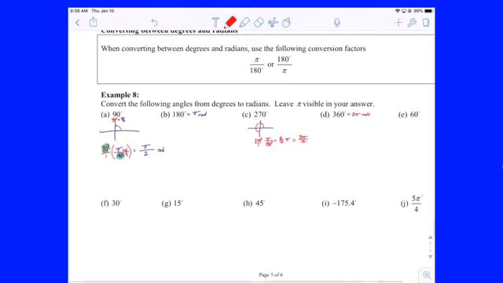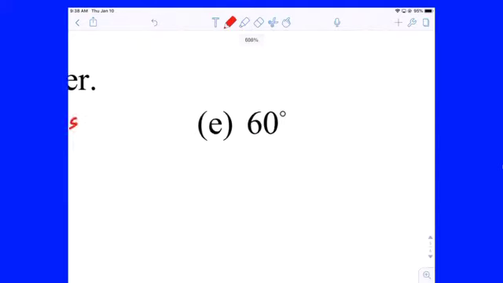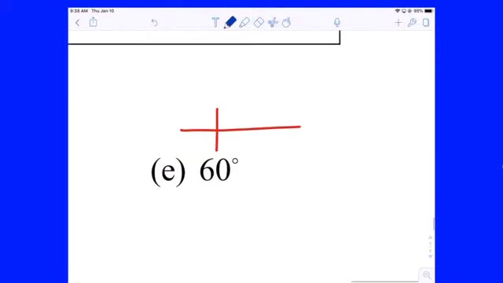All right, let's see if we can stop there, let's do one more. Let's do the top row, 60 degrees. Go ahead and do one more, 60 degrees, convert it. This is another one that we're going to end up memorizing. 60 degrees lives somewhere up here.